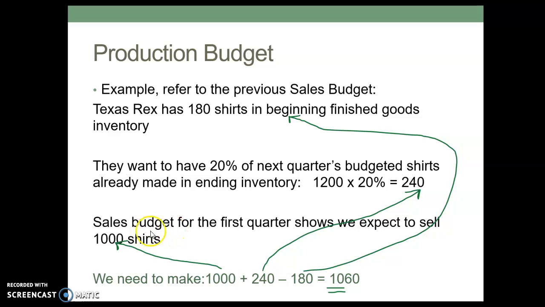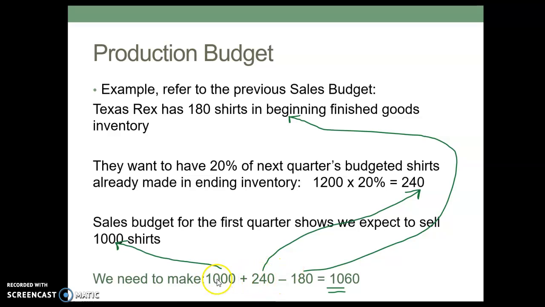Okay, and the sales budget showed that we expect to sell 1,000 shirts for the first quarter. So how many do we need to make in the first quarter? Well, we need to make the 1,000 that we expect to sell, plus the 240 that we want to have in ending inventory.